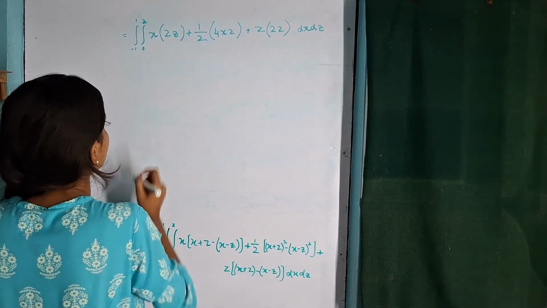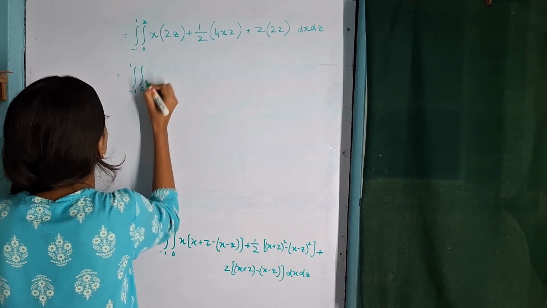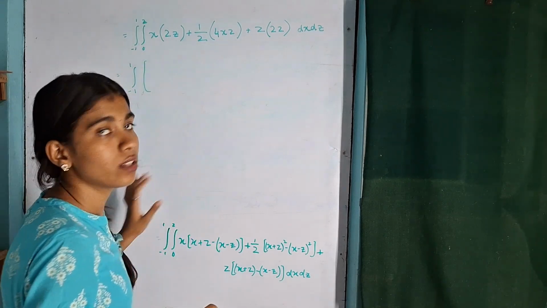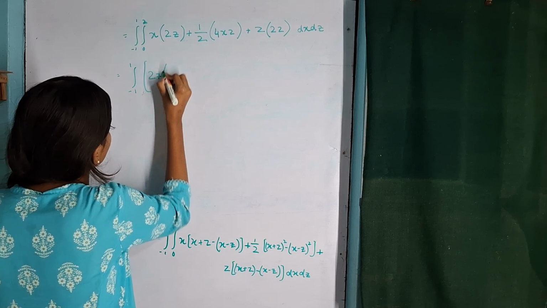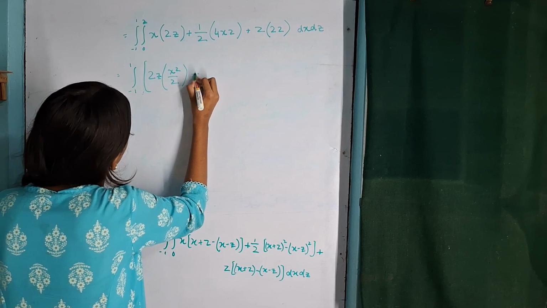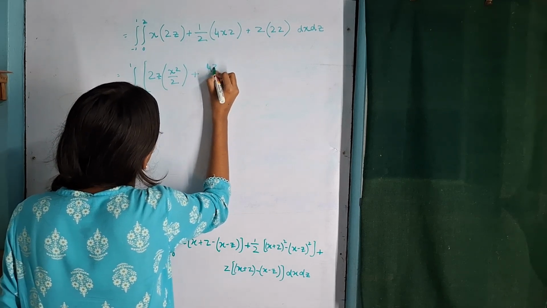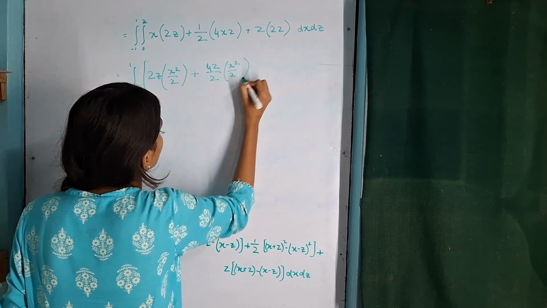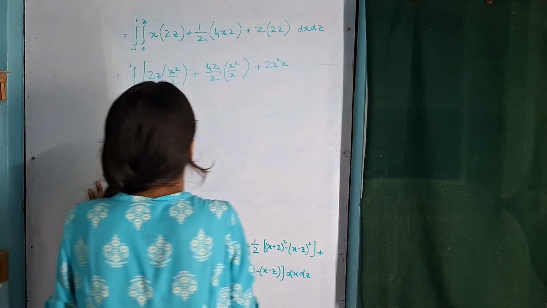Now we will integrate the x terms. While integrating, you keep 2z outside, and after integrating x you get x square by 2, plus 1 by 2, here we get 4z outside. Here it is x square by 2 plus 2z square and x.